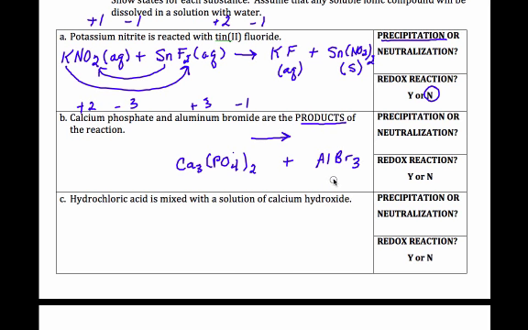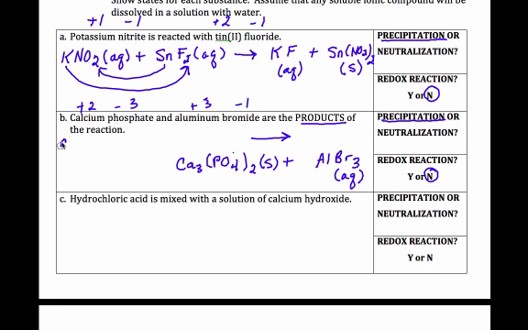Now, if you look at your solubility rules, you'll see that this is aqueous and this is solid. Now, it is possible to form 2 solids, so look carefully at your solubility rules. All right, this is a precipitation reaction, and just like what we did before, opposing cations with the opposite anions.